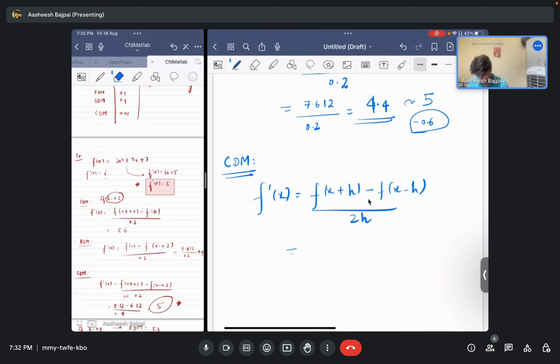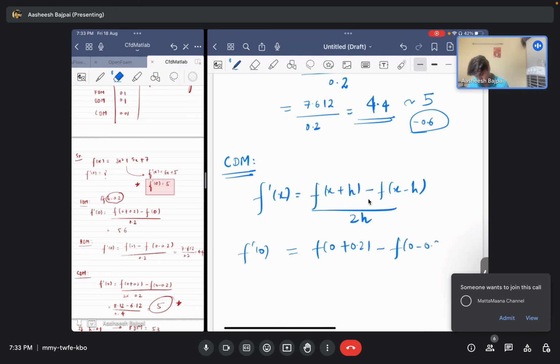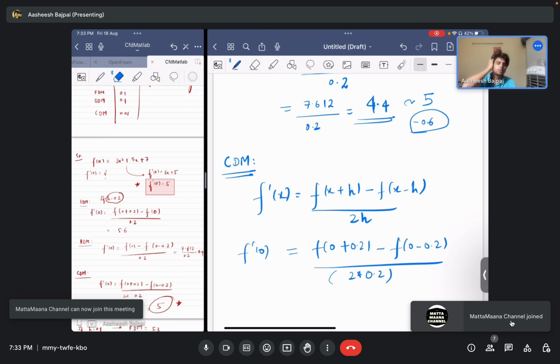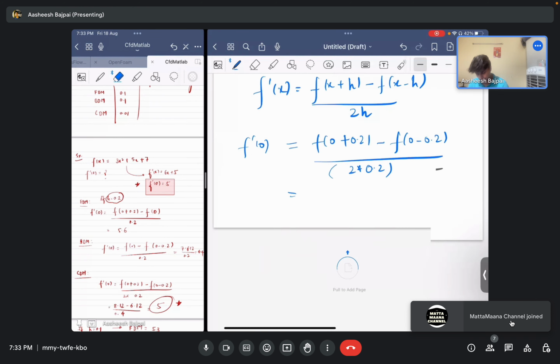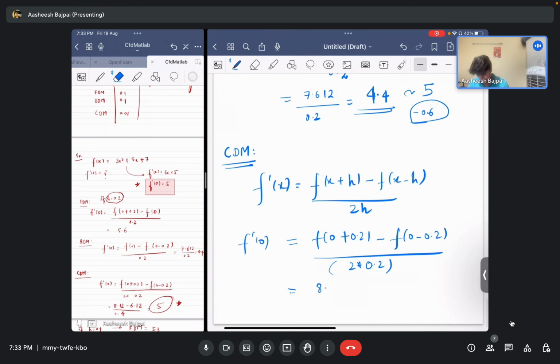So f0 plus 0.2 minus f0 minus 0.2, divided by 2 into 0.2. Okay, so what will happen is 8.12 minus 6.12 divided by 0.4.